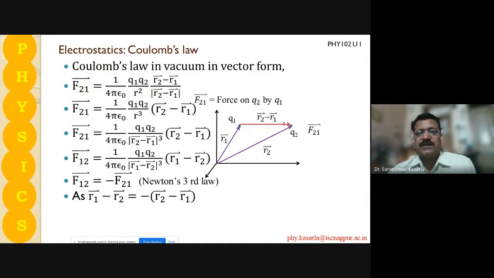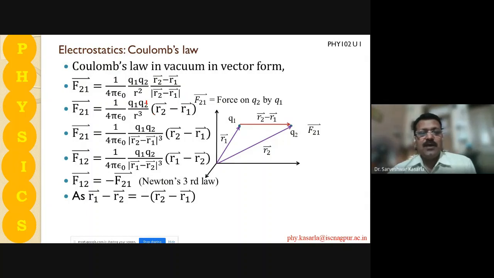The direction will be the same, that is the vector divided by its magnitude will be the direction. So this is the unit vector along this vector.